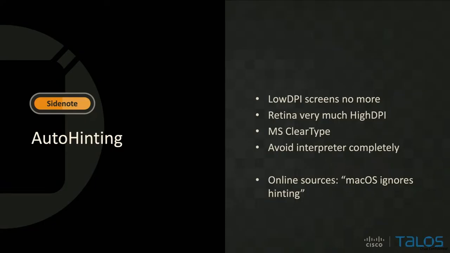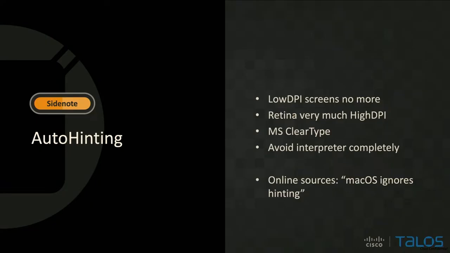There's this thing called auto-hinting. If you recall, when I started talking about hinting and hinted fonts, I mentioned low DPI displays, meaning hinting was very, very important when the displays we were using were very low resolution. Today, all of our displays, especially on macOS and iOS devices, are very high resolution, high DPI, so hinting doesn't really come into play all that much.